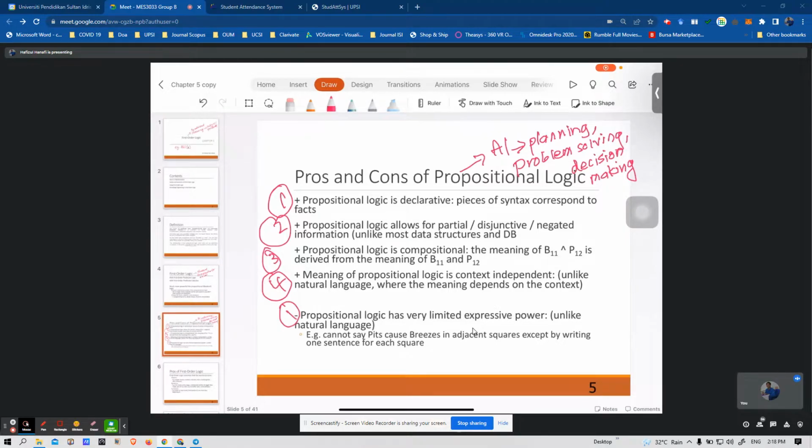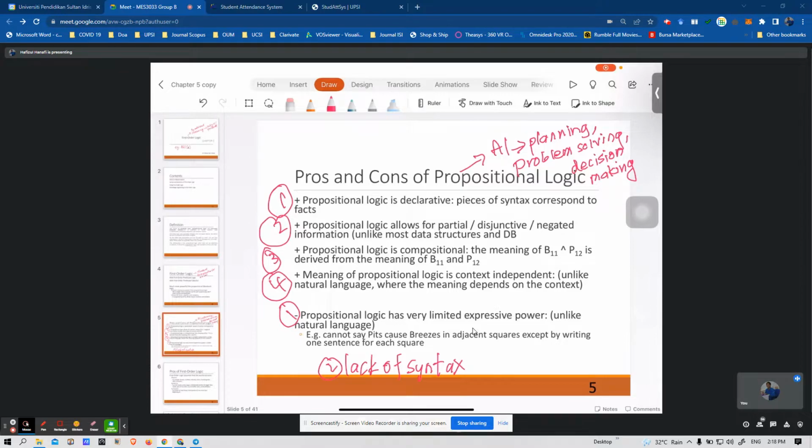Secondly, there is a lack of syntax for representing objects in the domain of interest.